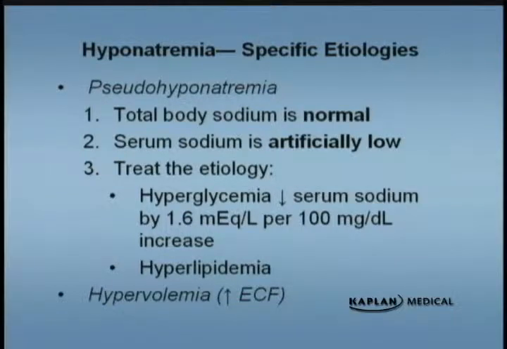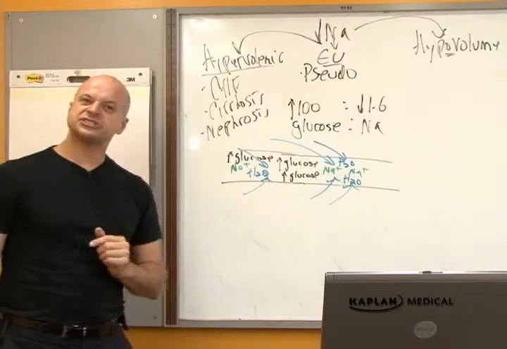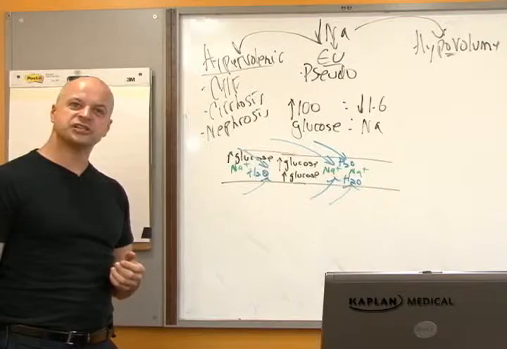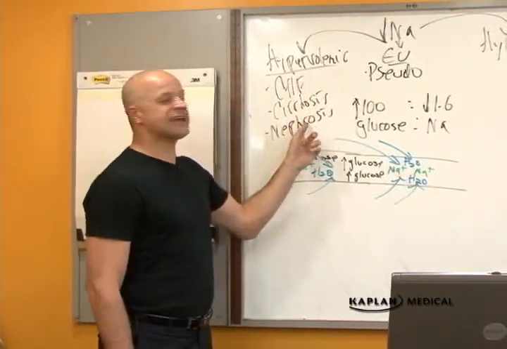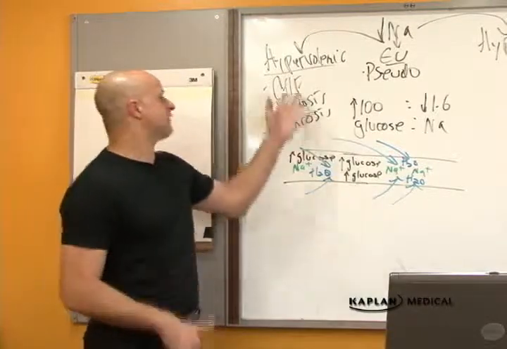Cirrhotic, nephrotic, and CHF. What happens with these is that there's a perception of intravascular volume depletion, because there is intravascular volume depletion.